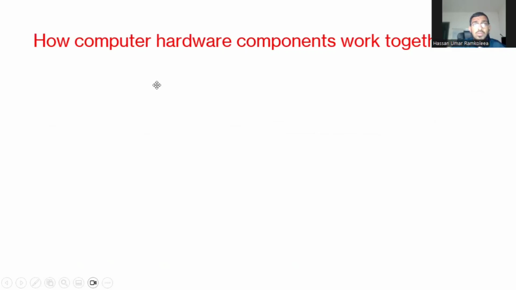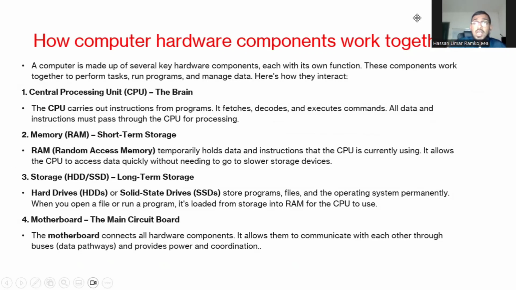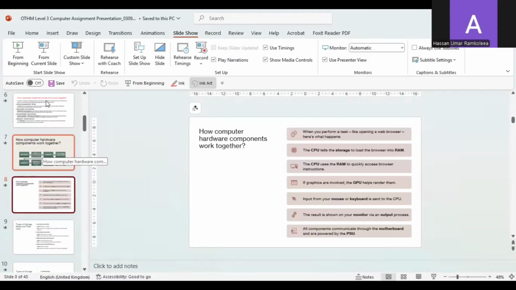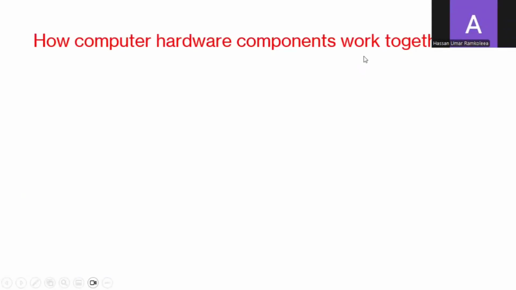Now we are going to look at how computer hardware components work together. A computer is made up of several key hardware components that work together.